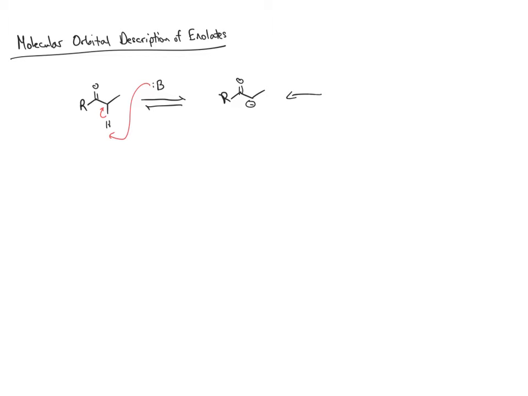We get a resonance form in which the carbon-based enolate becomes an oxygen-based enolate. And the proton is rather acidic here, right, because of this resulting resonance delocalization.